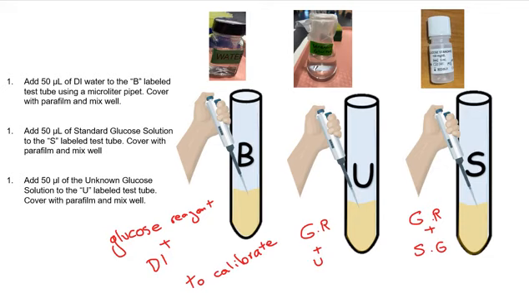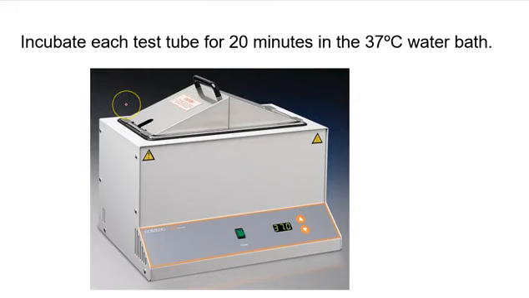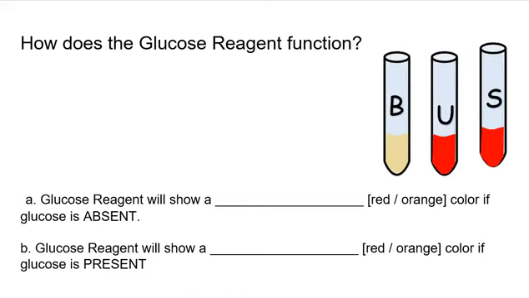Next step, we need to incubate our test tubes for 20 minutes in a 37-degree water bath. Then after incubation for 20 minutes and after shaking our test tubes and mixing them with their ingredients, we are going to see some color changes.